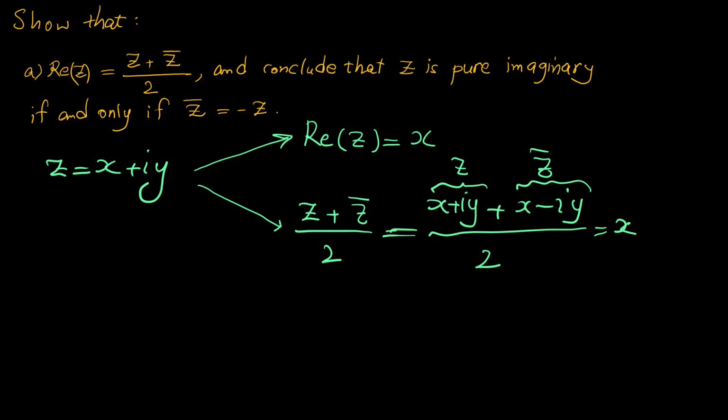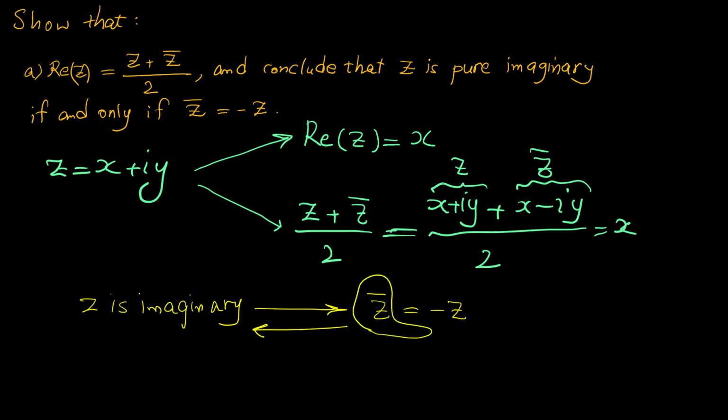So basically here we want to prove this. If z is pure imaginary, then the conjugate of z is equal to -z. Also we want to prove the opposite of this. If the conjugate of z is equal to negative of z, then z is a pure imaginary number.